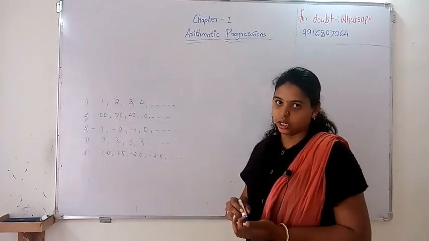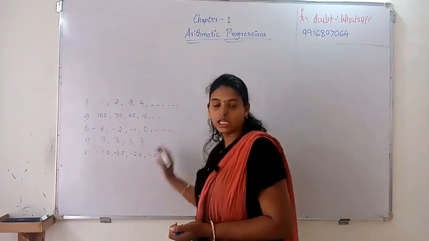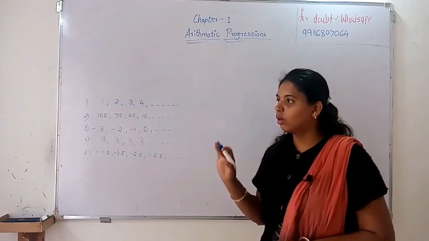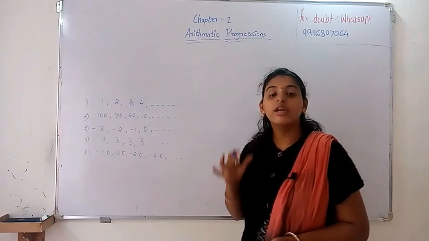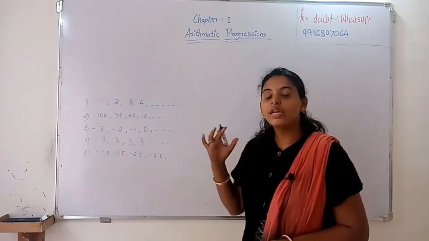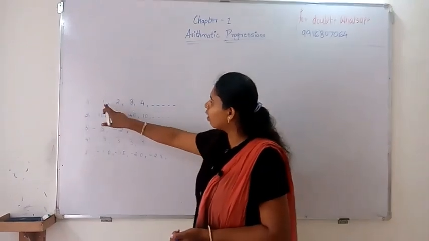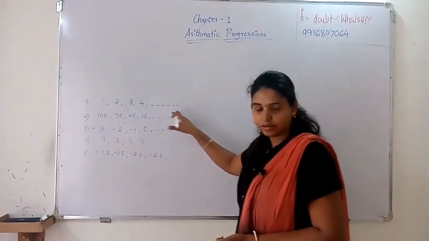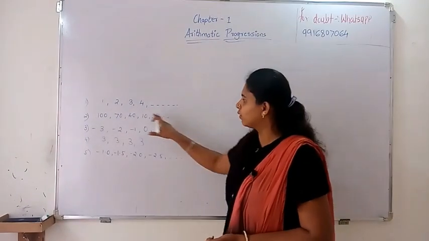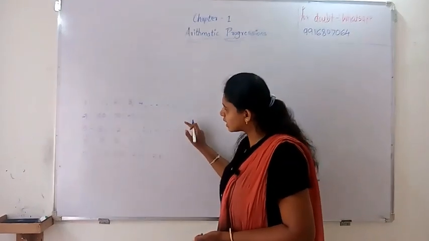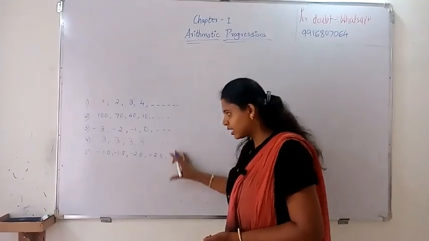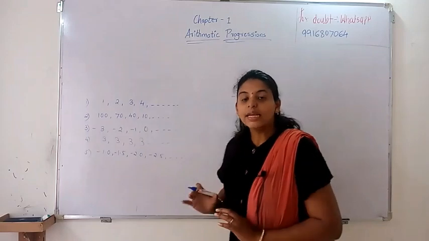Arithmetic progression. These all are arithmetic progressions, which are in sequence. See guys, here 1, 2, 3, 4, like that it goes on continuously. So this is also one sequence, this is also one sequence, like that. All these 5 are in sequence.